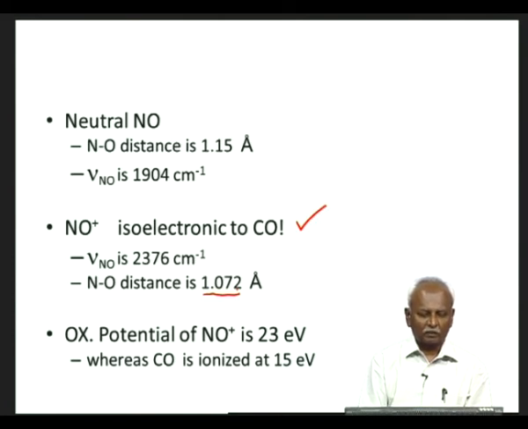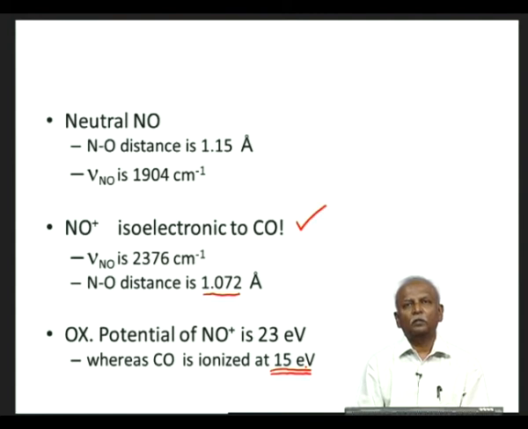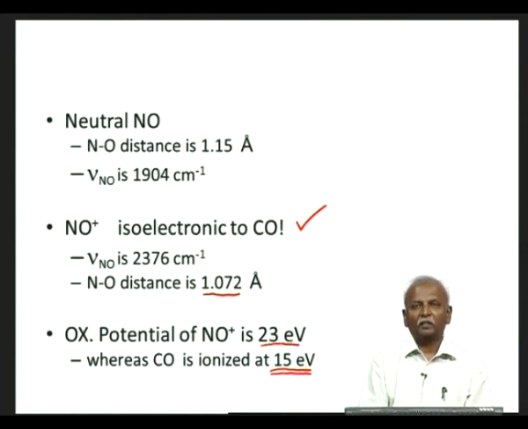Now, let us look at the oxidation potential of NO plus itself, because this will give us an idea of how good a donor ligand NO plus is going to be. You will see that while carbon monoxide can be ionized if you supply 15 electron volts, NO plus can be oxidized only if you supply 23 electron volts.